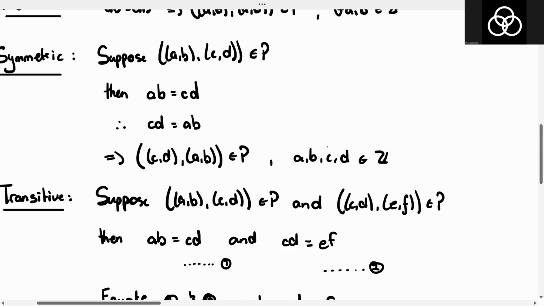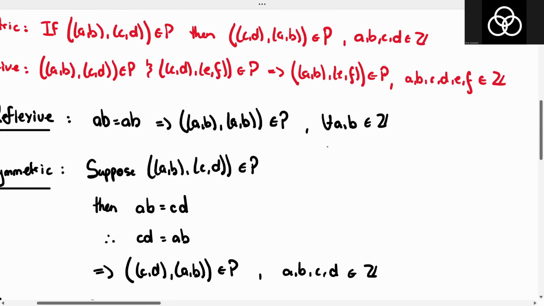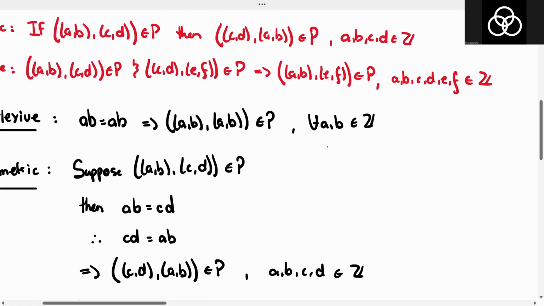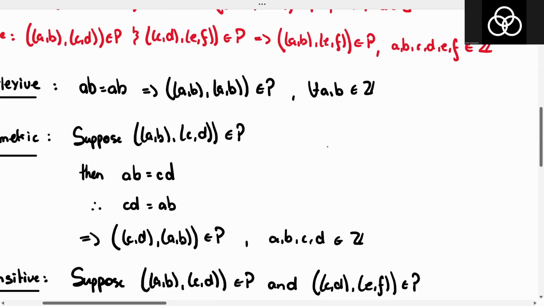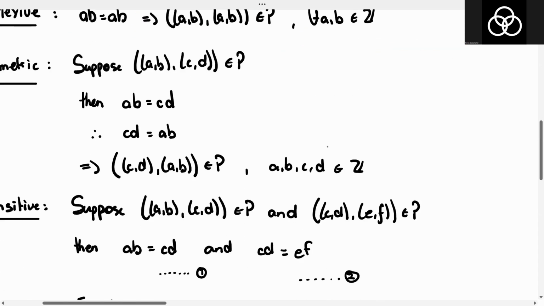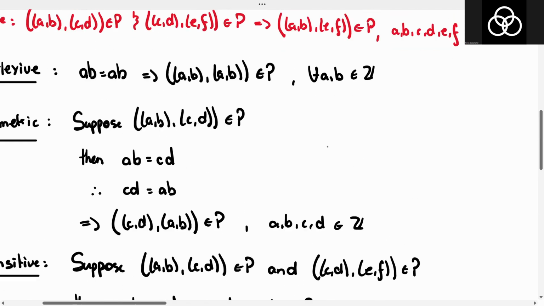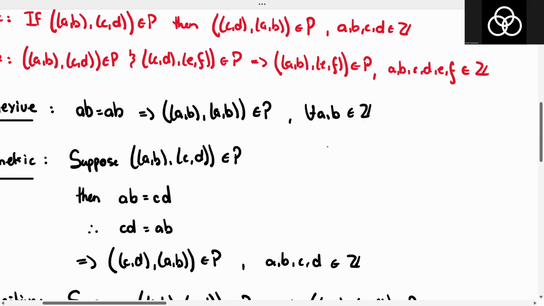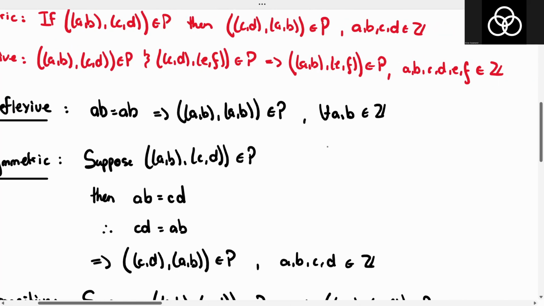So if you see in each one of these, what we really do is we use the definition of the relation, which is ab is equal to cd, and then we use preset rules that we know, like equating equations or flipping terms across the equal sign, to draw the conclusions that we need to draw, right?